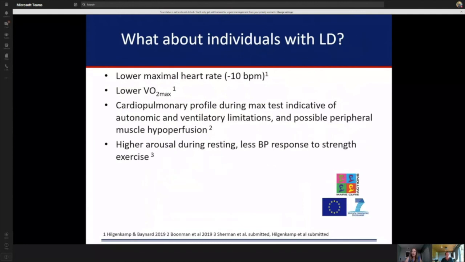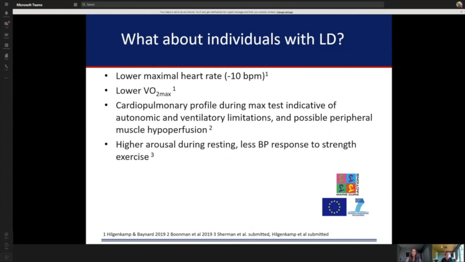In some unpublished studies, we did see higher arousal during resting. So actually the opposite of what we saw in Down syndrome. So people with learning disabilities have that sympathetic system activated more and less of that parasympathetic activity in all the resting values. So they have a higher heart rate and a somewhat higher blood pressure.